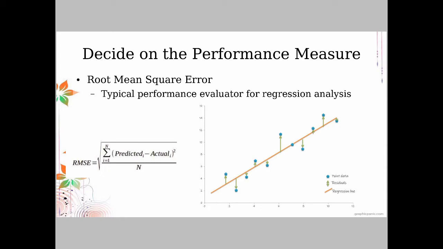We need to know if our system is accurate in predicting housing prices. How will we measure its performance? One of the ways is to use RMSE. This is not the only performance measure in machine learning, but it is typically used for regression, so it is appropriate for our application.